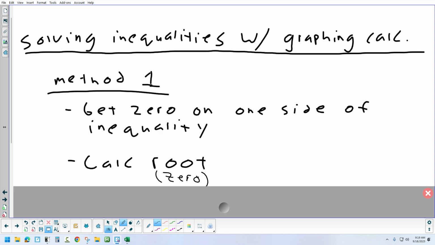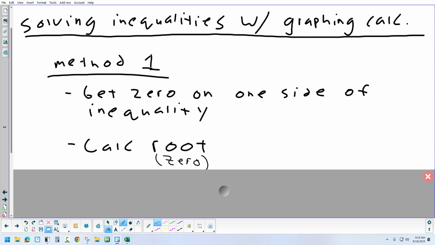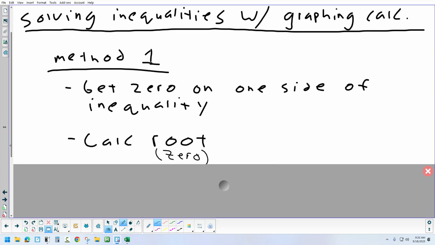Okay, we're going to do it as a root first. So to solve an inequality on the graphing calculator using the root feature, first thing you have to do is get everything on one side of the inequality. Everything is going to be on one side, 0 is going to be on the other.